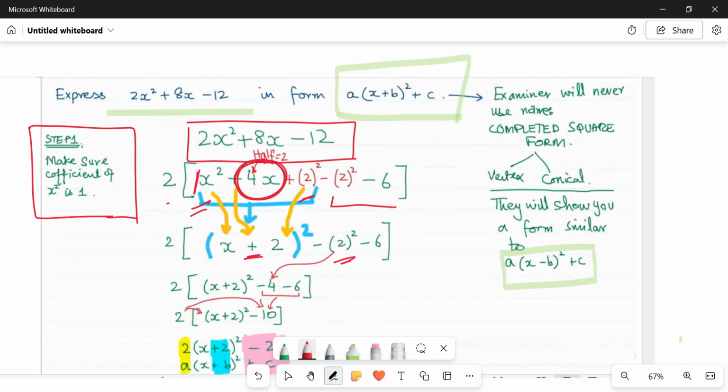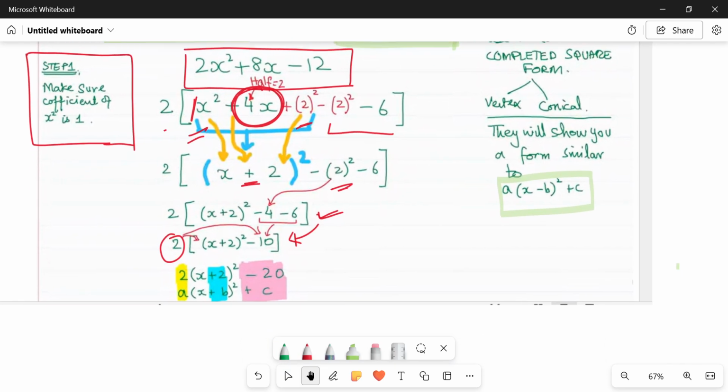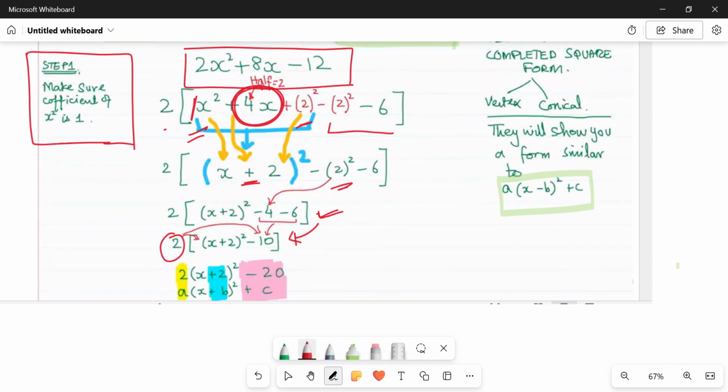Minus 4 and minus 6 gives you minus 10, right? And then this 2 is multiplied with what is inside the bracket. The bracket is already closed now, so we are not going to open the bracket here. So 2 will come here, and this 2 is multiplied with the minus 10, which gives you minus 20, right?